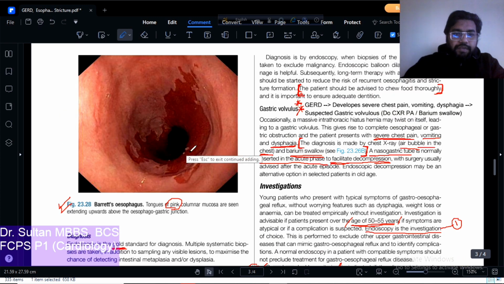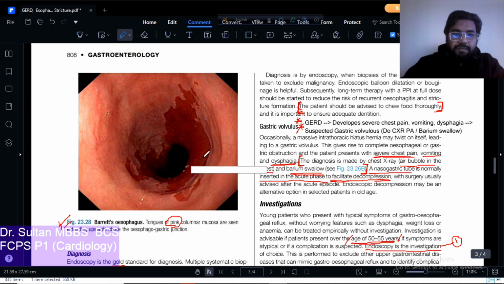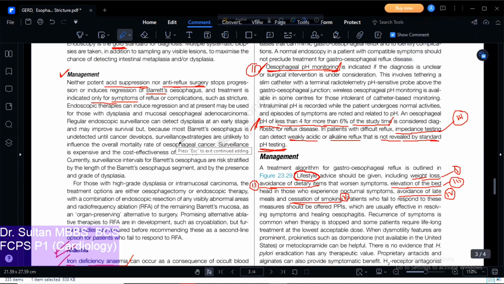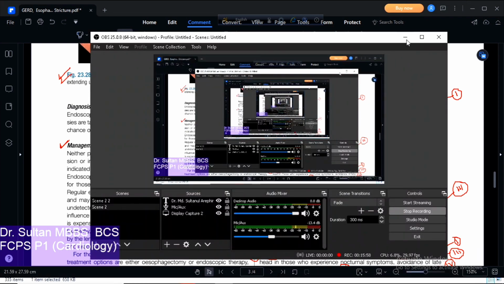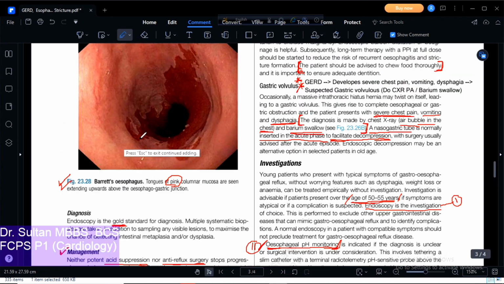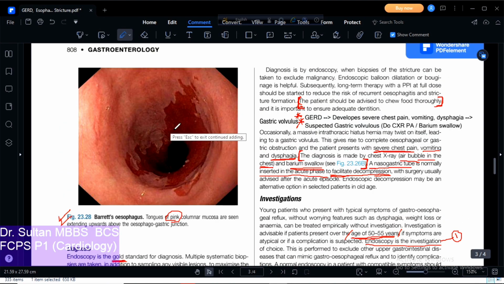Here you can see the endoscopic finding of Barrett esophagus. As you can see, here is a pink colored columnar mucosa extending upwards.